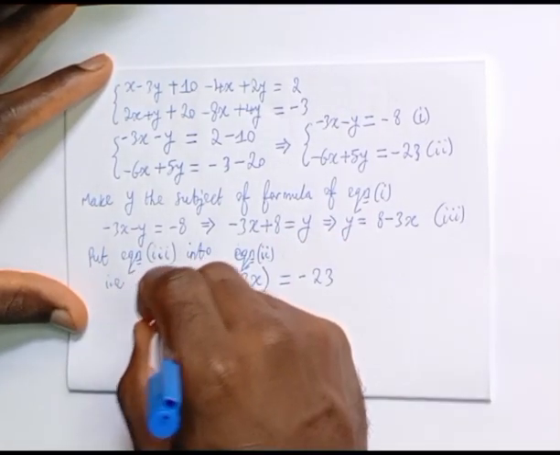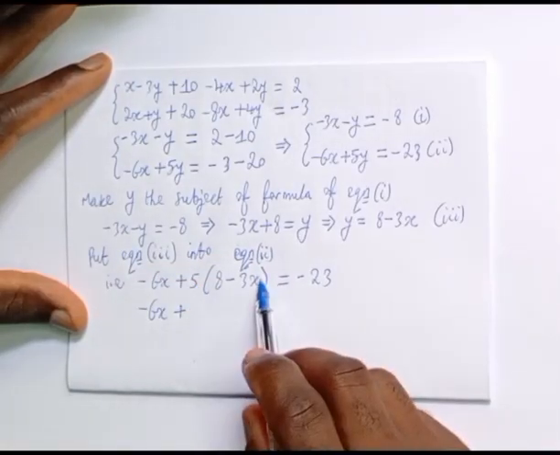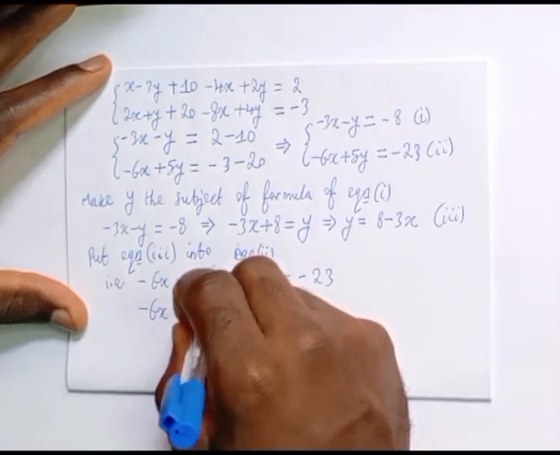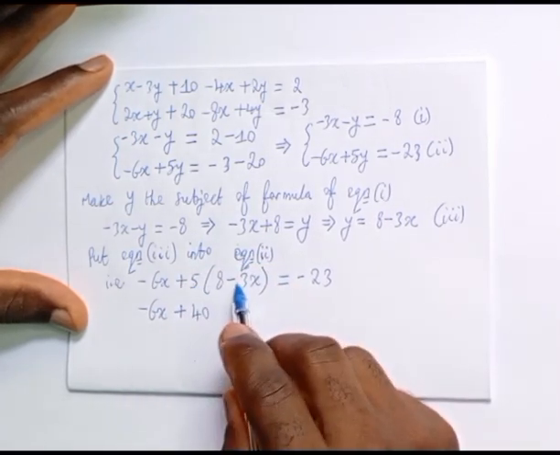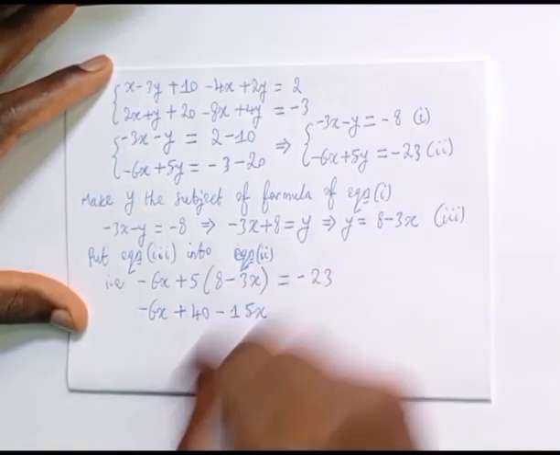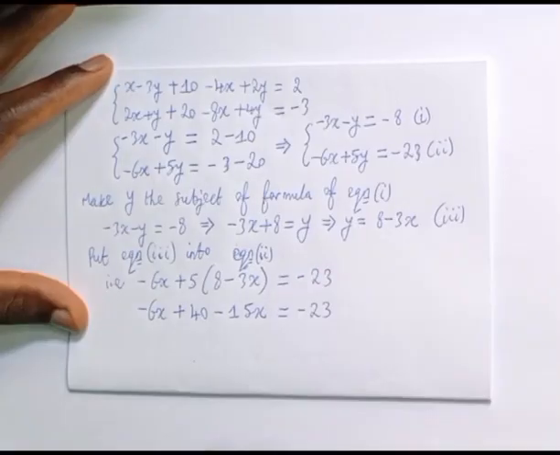This will give us negative 6x plus, we have to expand this bracket, 5 times 8 gives us 40. 5 times negative 3x gives us a negative 15x is equal to negative 23.